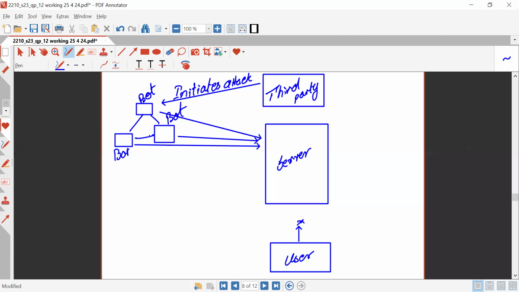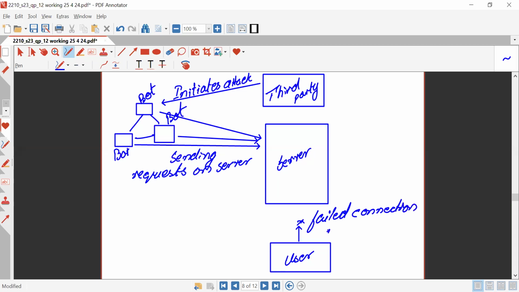Once they are sending requests on the server, there is a failed connection due to too many requests. So this is how you may say it's a DDoS.